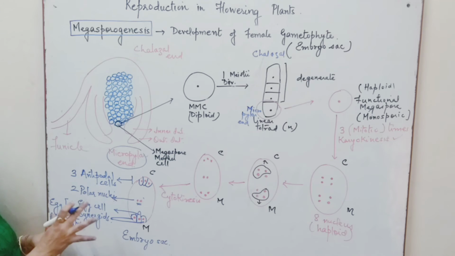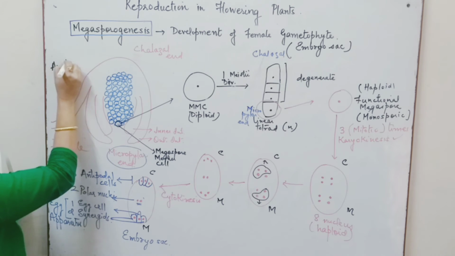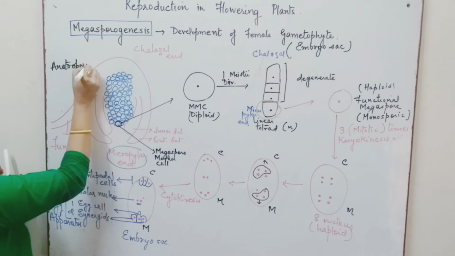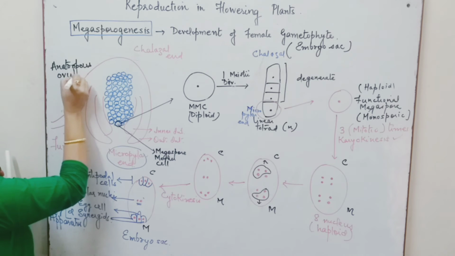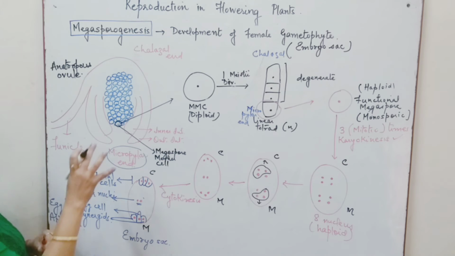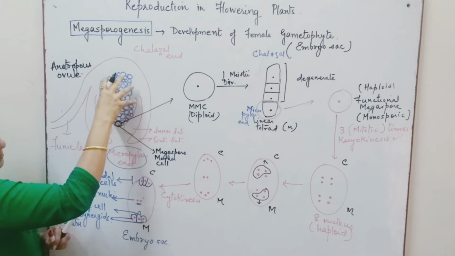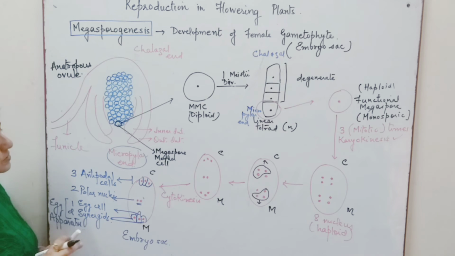Now if we go through it again, this is the anatropous ovule, which is very commonly found in the angiosperms. More than 80% of the angiosperms have anatropous ovule. Now these are the integuments, and inside is a mass of cells which is known as nucellus.